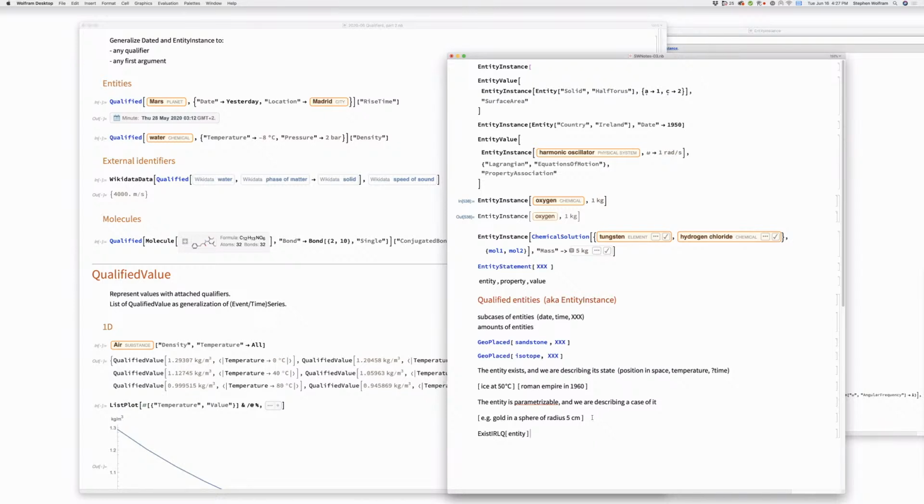I see your point. I don't think it's a sensible question, because like the sphere of gold, what does existence mean? Like, is it stable with respect to becoming a black hole? Okay. But there's another example, which is if I'm taking a sphere and I've got a parameterization of the sphere, and I ask for a parameter value outside the range of parameters, which is, I think, very similar to asking about the Roman Empire in 1960. Yeah.